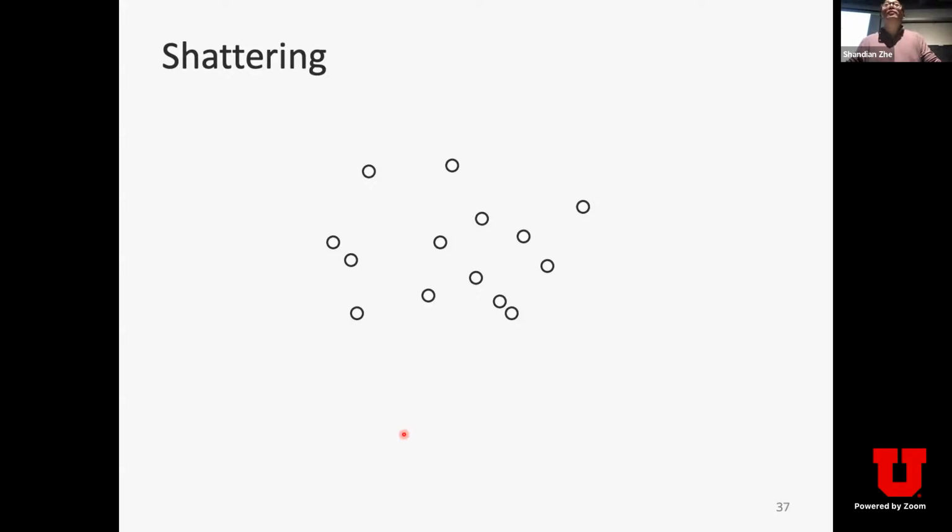We can just try. If we can find a labeling scheme which cannot be correctly separated by a linear classifier, then we can say our linear classifiers cannot shatter these 14 points. For some simple labeling schemes, of course we can. For this particular labeling scheme, I can find a line that separates positive and negative examples.